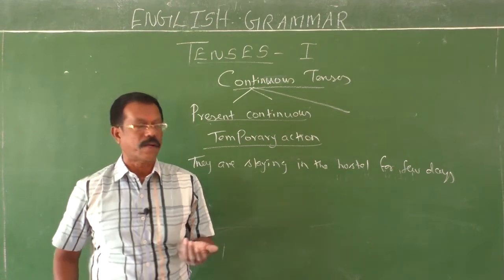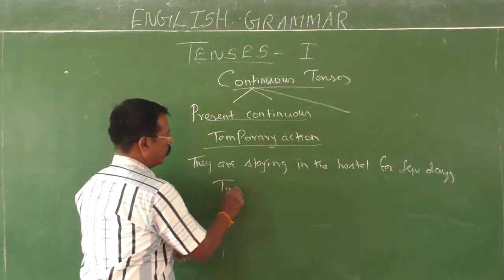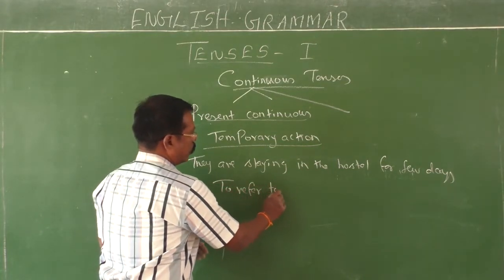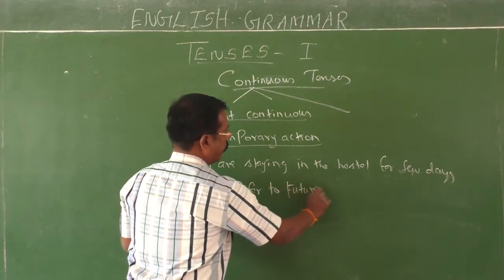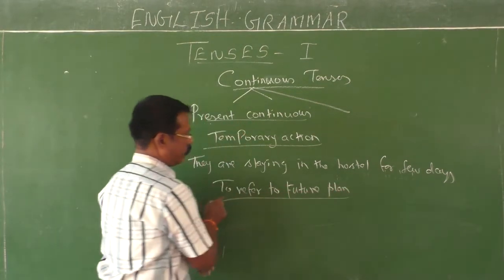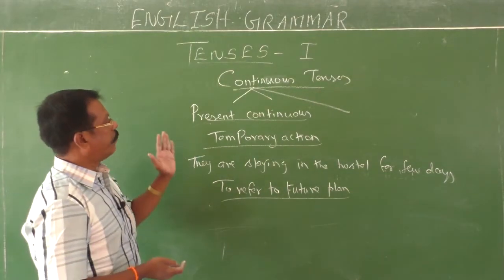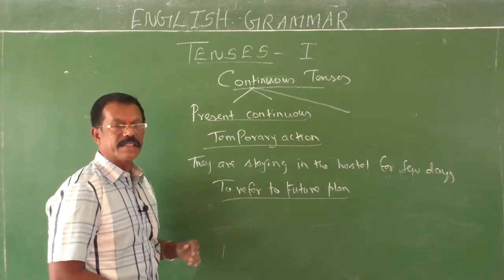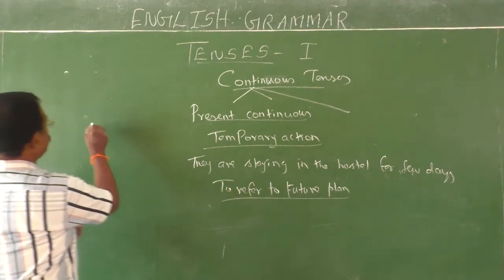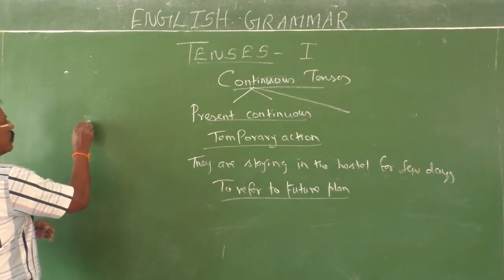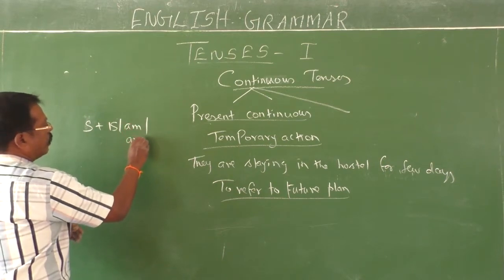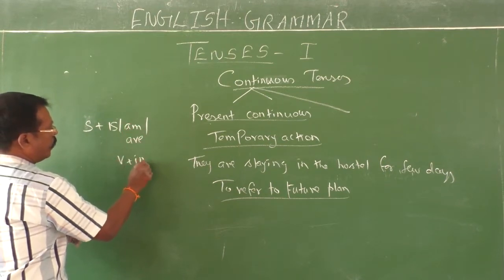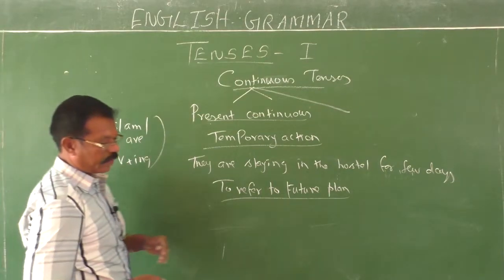To refer to a future plan, we can use this present continuous. So what is the basic formula for this present continuous? Subject plus is, am or are, plus verb plus ing.